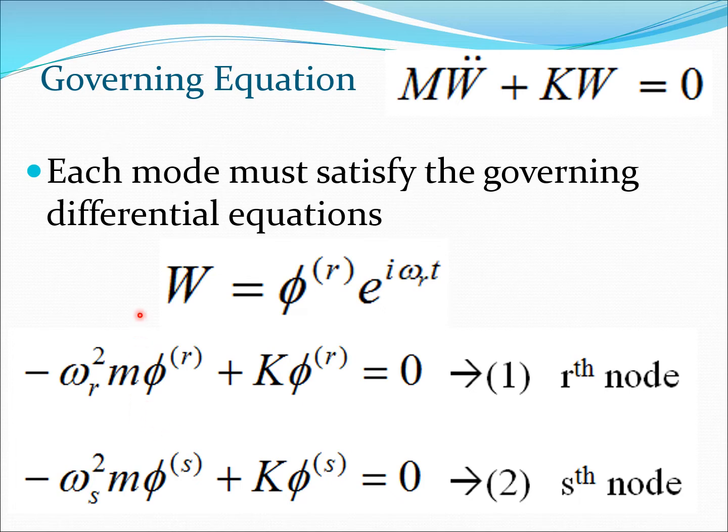Now once I get these two equations, I'm going to proceed forward with these two equations and do a lot of pre-multiplication and post-multiplication and prove that these two modes are normal, that is phi r and phi s are normal in a certain sense.